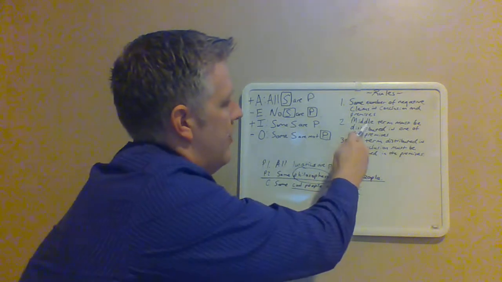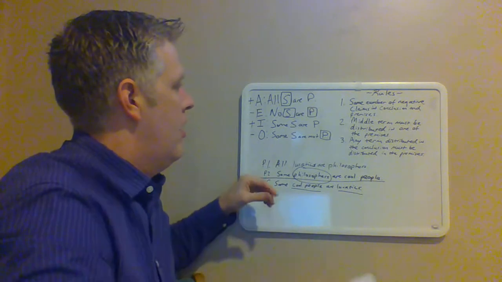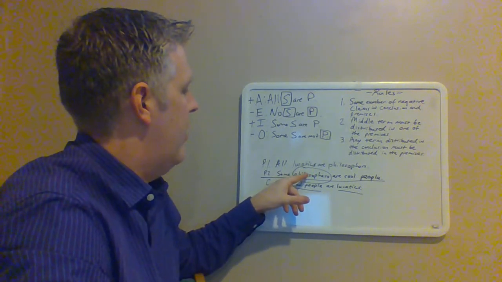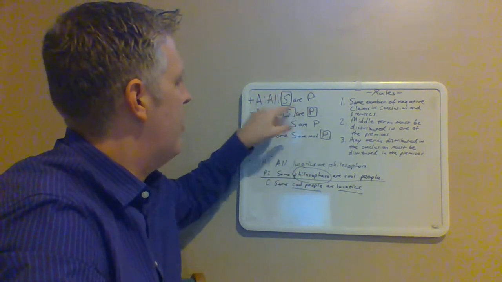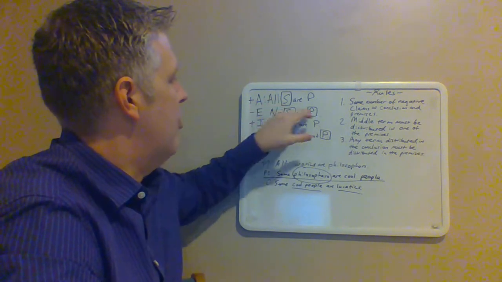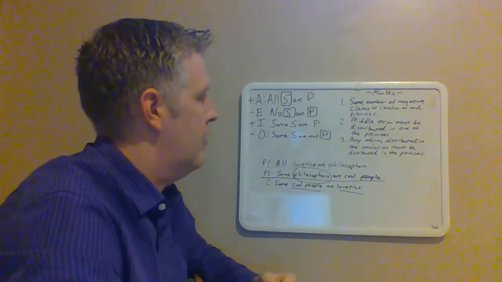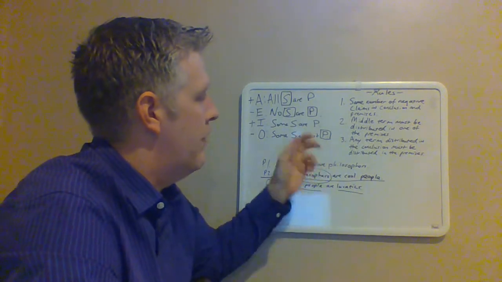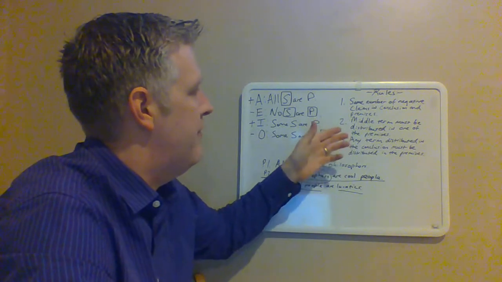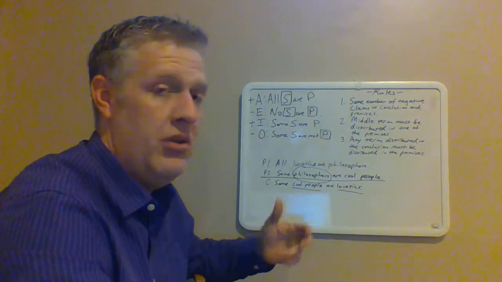Okay, so what this is telling us, again, the middle term must be distributed in one of the premises, right? So the middle term, in this case, philosophers, right, it has to appear in one of these standard form claims in the premises, right, and be distributed, okay? And so we'll go through examples where we'll apply that and you'll see how that works, okay? But if you can see that the middle term is in fact not distributed in one of the premises, then the argument will be labeled invalid.